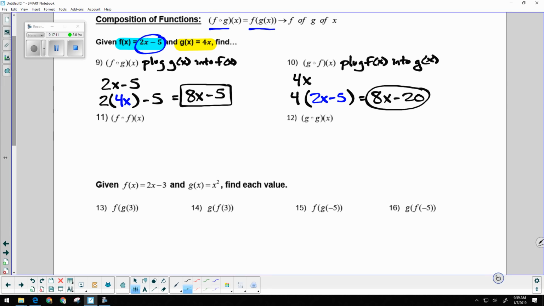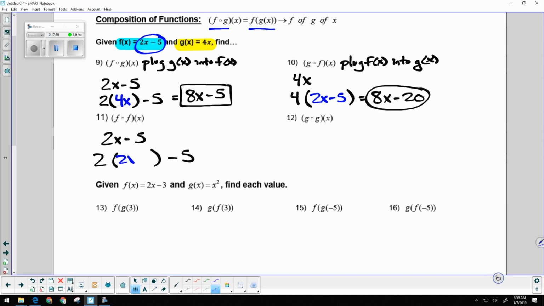All right, take a look at 11. A little bit different. G of x does not play a part in this particular problem. We're going to plug f of x into f of x. So f of x is 2x minus 5. We are going to replace x with f of x.